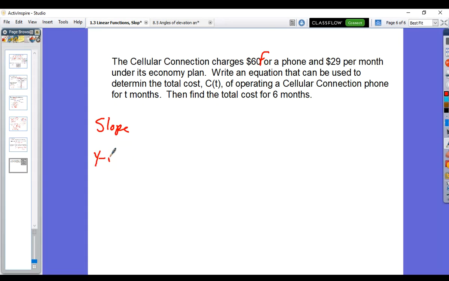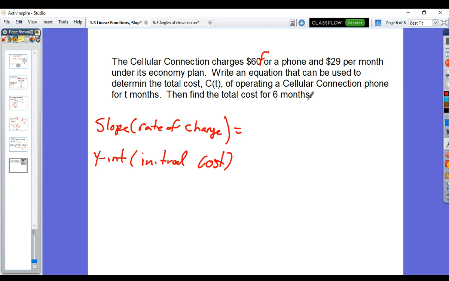Or in real world terms, we call that rate of change and our initial cost. What it costs us before we go anything past here. What do we have to pay now so we can have this? So our rate of change, as it says, is $29 per month. And our initial cost at the very beginning is $60.